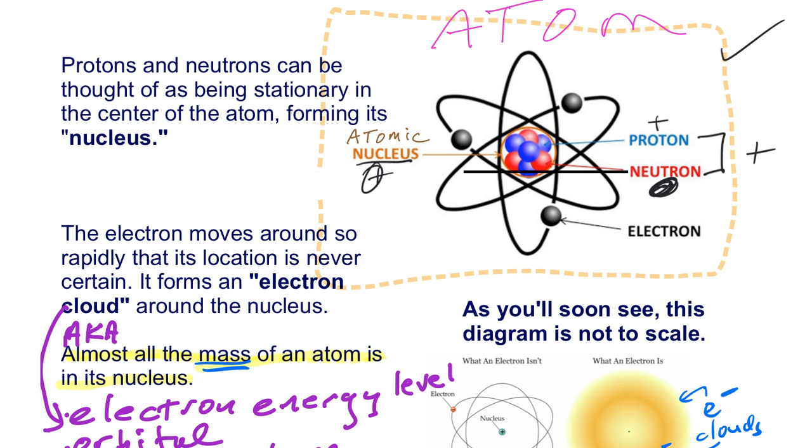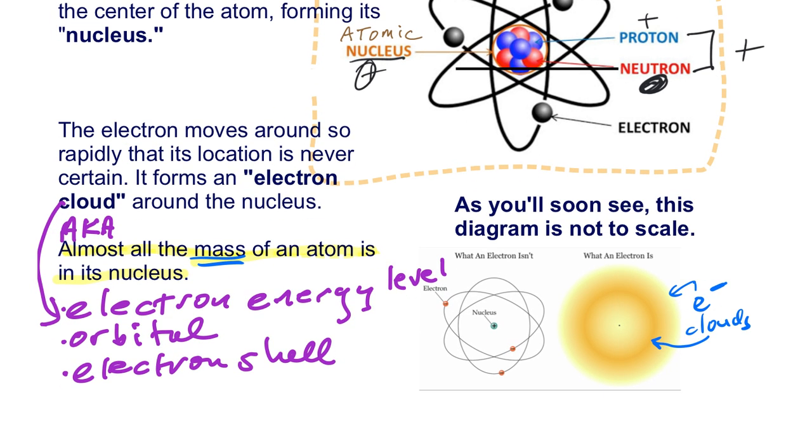We can think of them as particles moving very fast, orbiting the nucleus. It's going so fast that modern scientists think of electrons as a cloud, a location, which is a sphere around the nucleus.